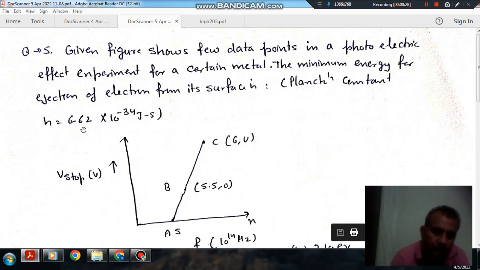Planck constant h is 6.62 × 10^-34 joule second.